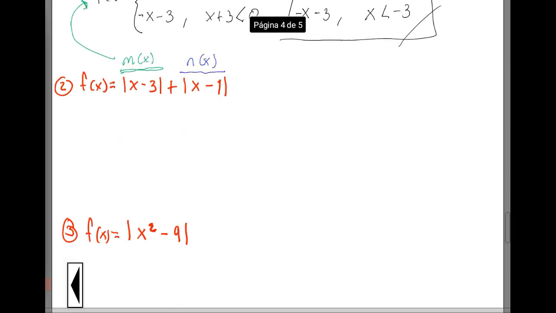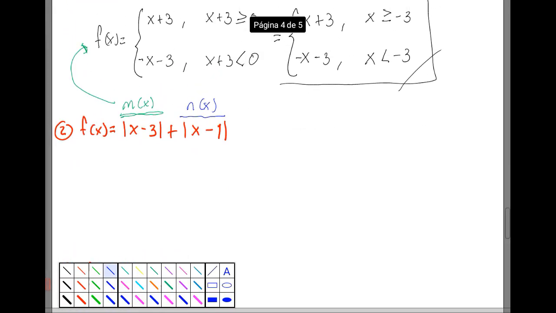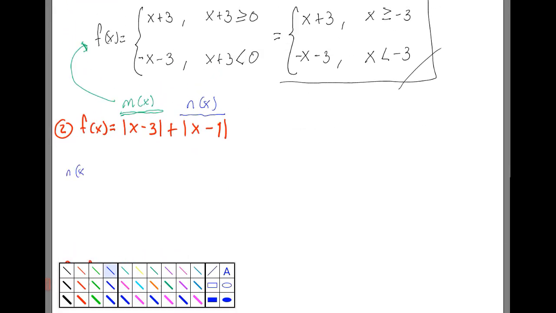So let's solve n of x. n of x, the second part, is equal to the same value, x minus 1, when x minus 1 is positive. And it will be the opposite, minus x plus 1, when x minus 1 is negative.